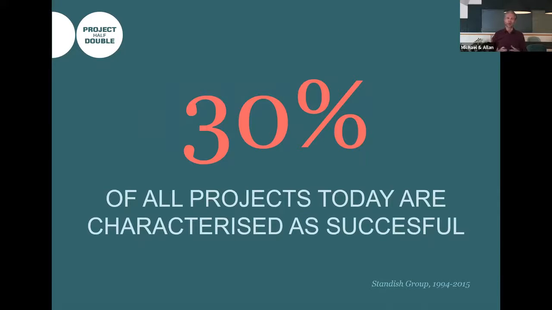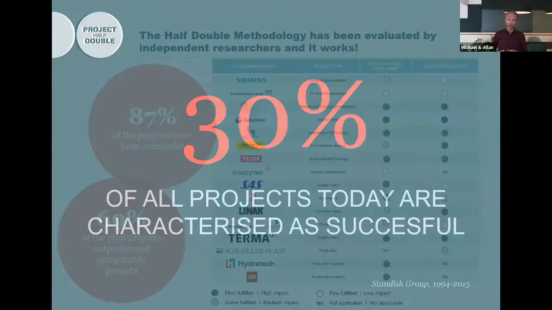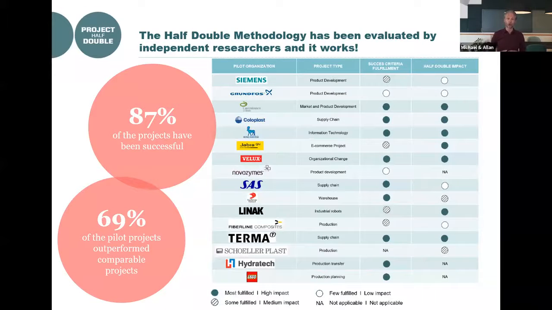And so far, with the Half Double project methodology, we have actually proved that it works in projects. We have assigned a research team who have looked into the 16 pilot projects that we have used where we have developed the methodology and applied the methodology to. And in 87% of the cases, the actual success criteria were realized in the projects.